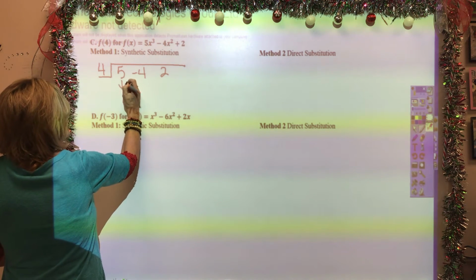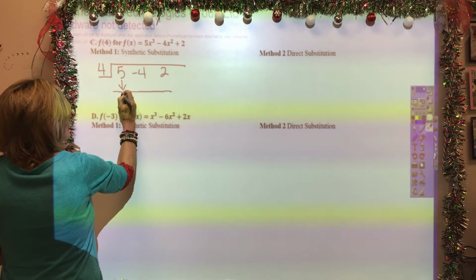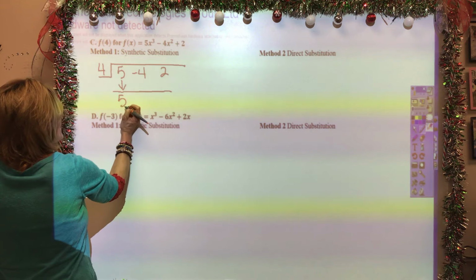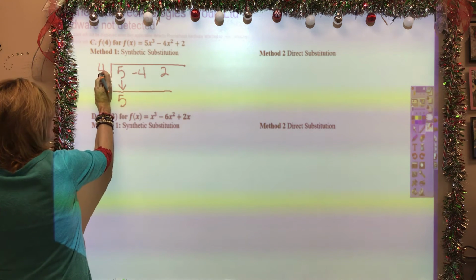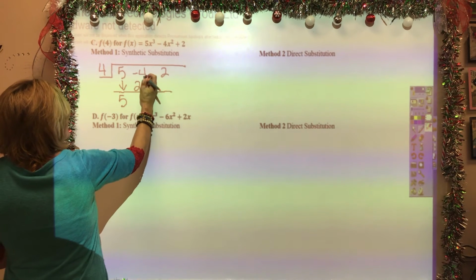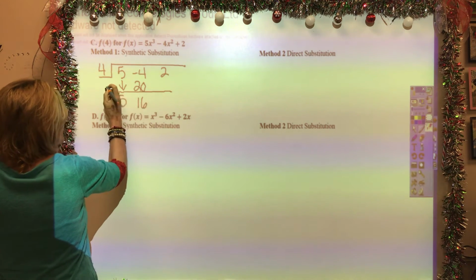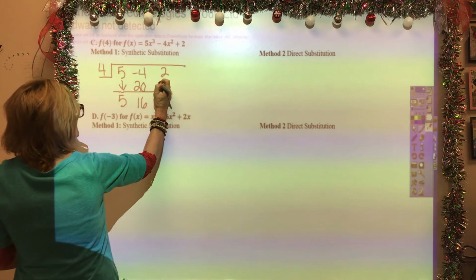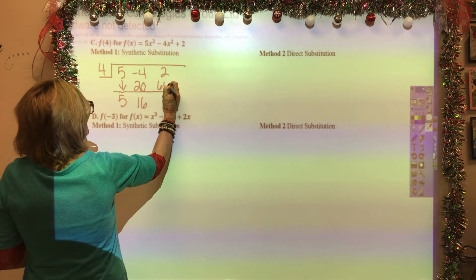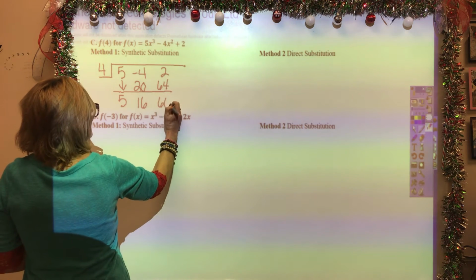Drop an arrow under the 5. Put the 5 under the line, now multiply. 4 times 5 is 20. Negative 4 plus 20 is 16. 4 times 16 is 64. And 2 and 64 is 66.